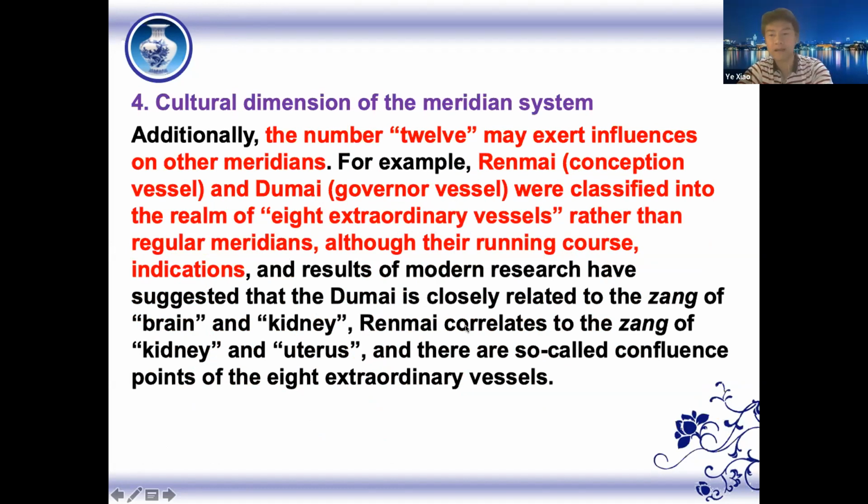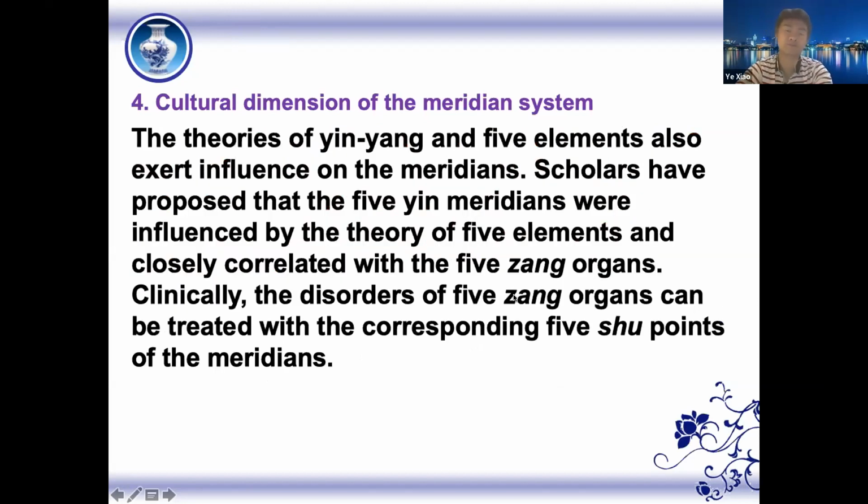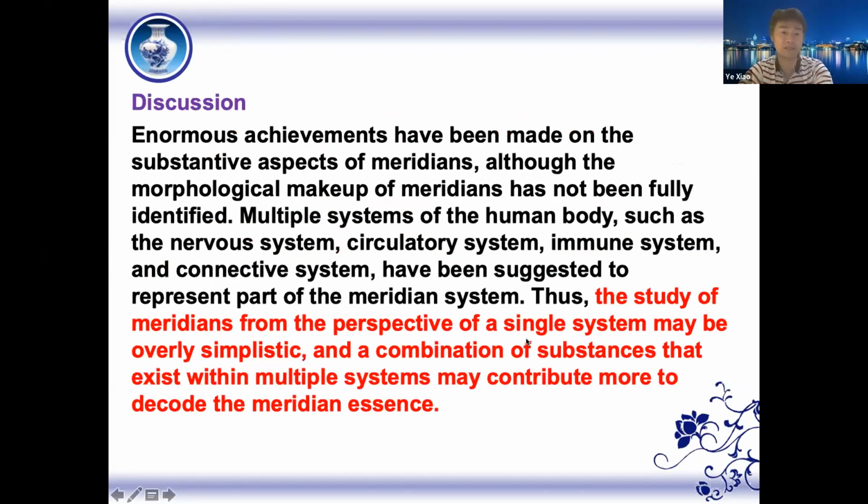The Ren Mai correlates to the zang of the kidney and the uterus. And they are so-called confluent points of 8 extraordinary vessels. Okay, and also the theories of yin yang and the 5 elements also exert influence on the meridians.